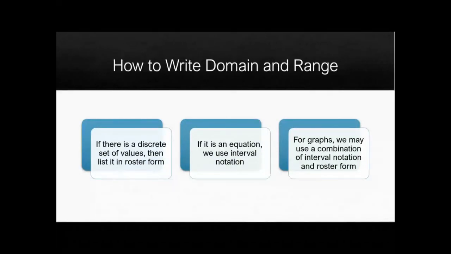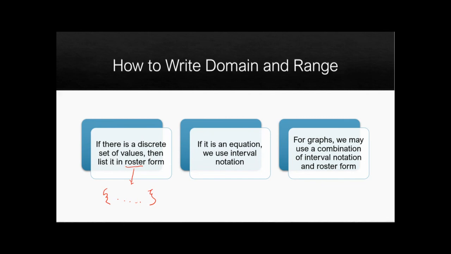And a roster form is where you just put it in a set. So you would just list the numbers in set notation with the curly braces. So if you had an ordered pair and there was like 5 input numbers, you would list all 5 numbers in a single set, and if there was 5 outputs, you would list all the outputs in a set. So that's roster form, where you're specifically listing all of the values.